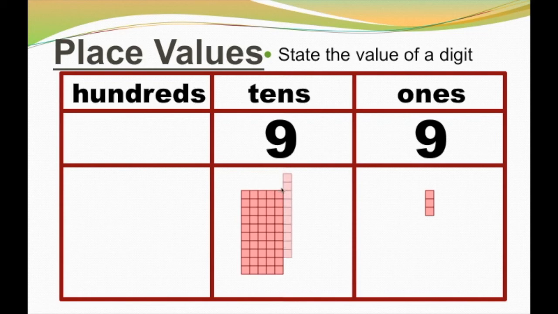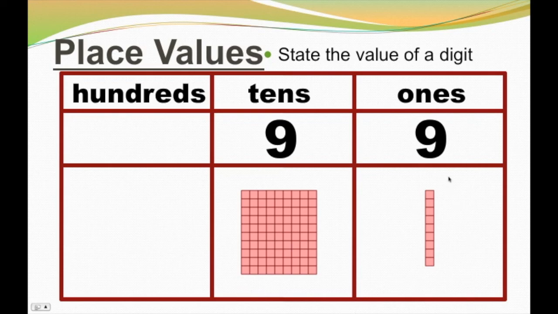So I need to put 6, 7, 8, 9. I now have 9 groups of 10. And for my ones place, I need to have 9 single boxes, 9 ones. 1, 2, 3. So I need to add some more. 4, 5, 6, 7, 8, 9. This here now makes up the number 99.